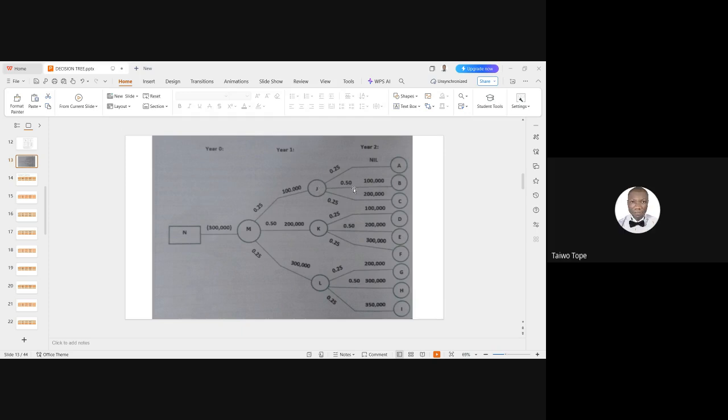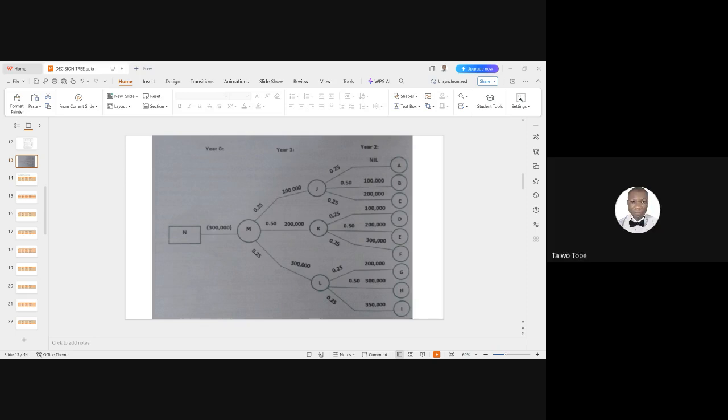Now, what will be your expected net present value for B? Your NPV is 126,500 multiplied by 0.5. 63,250. Negative, yes.